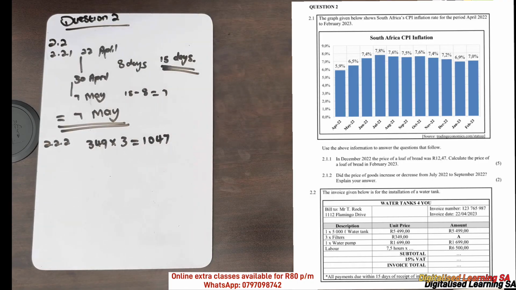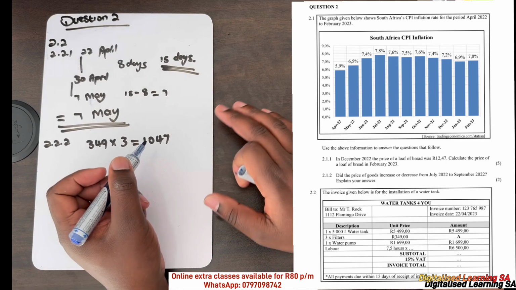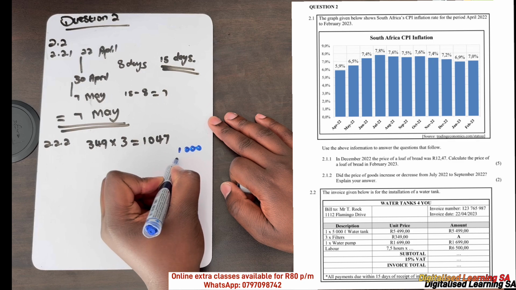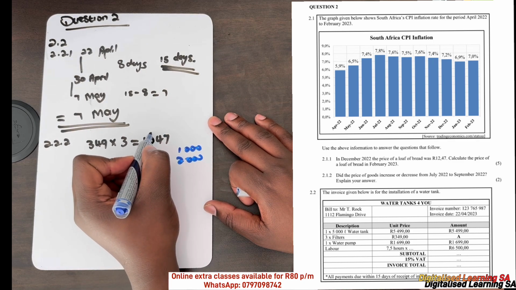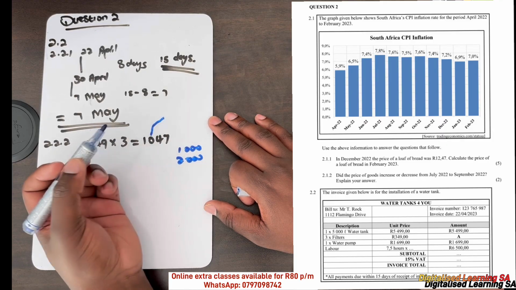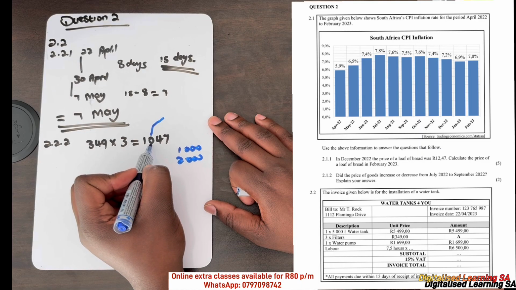1047. Okay, in this case we are told to round off our answer to the nearest 1000, meaning that it either needs to be 1000 or 2000. So we check this value here.